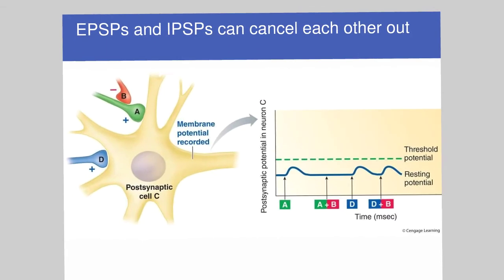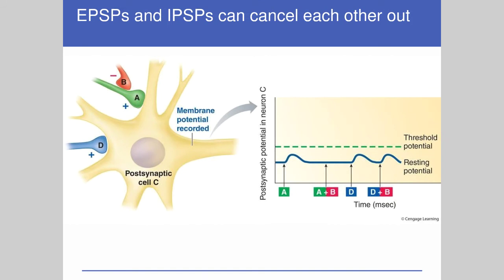Okay, here's a little bit more example. Here you can see again, follow along. If only presynaptic cell A is producing an EPSP, look on the graph, we're not reaching threshold. Okay, EPSPs and IPSPs can actually cancel each other out, because now look at the red one labeled B. That one can actually affect the depolarization of the presynaptic cell.